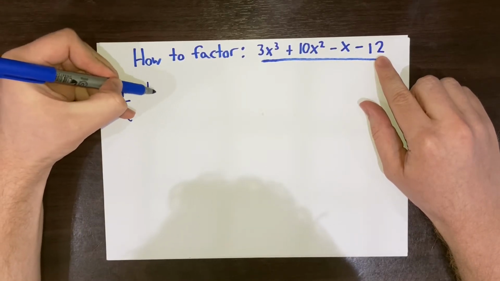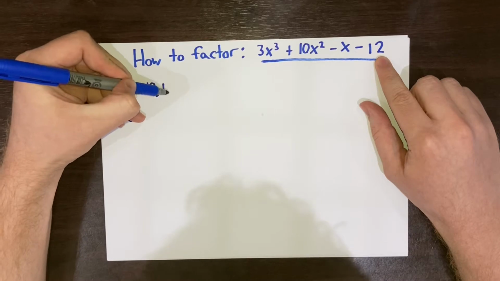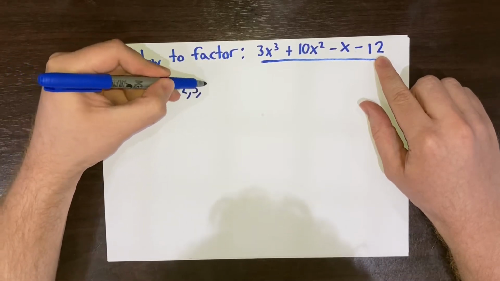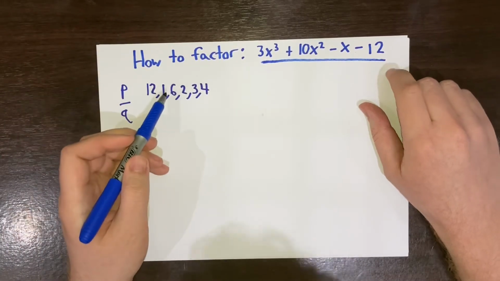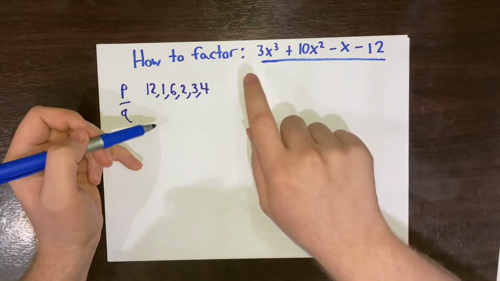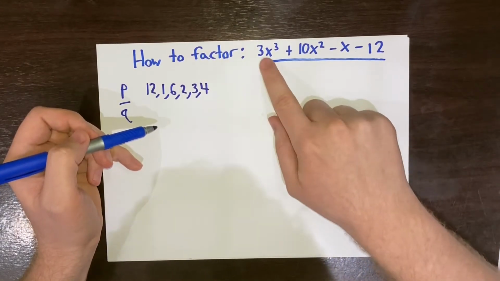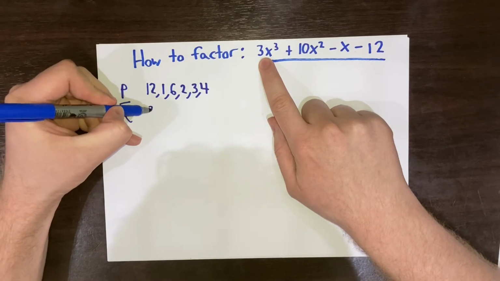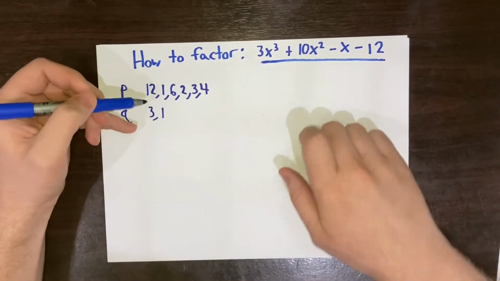So we can actually just list those all, 12 and 1, 6 and 2, 3 and 4. Okay, so these are all of the p-values that are available to us. And then q is going to be the factors of the leading coefficient, all right? So it's going to be 3 and 1 are our only factors there.